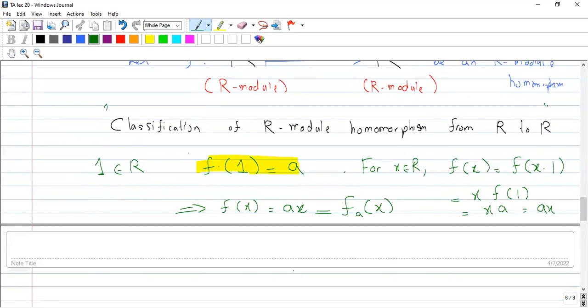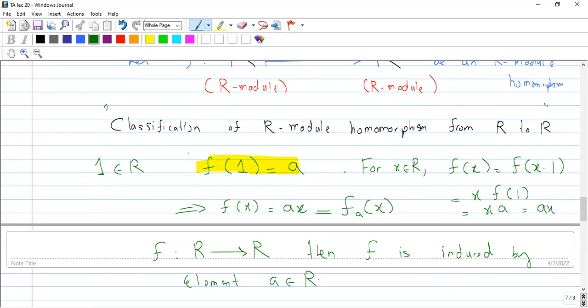So class, why is this a classification problem? Because whenever we have an R-module homomorphism from R to R, then this f is induced by some element a of R. f किसके equal हो जाएगा, हमेशा किसी f_a के equal होगा.